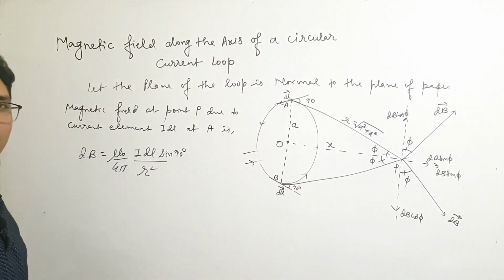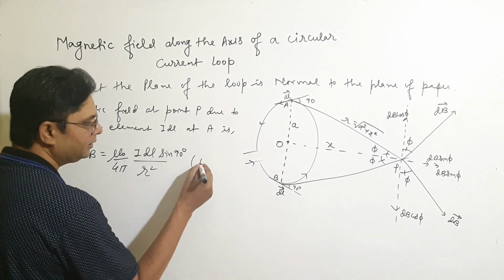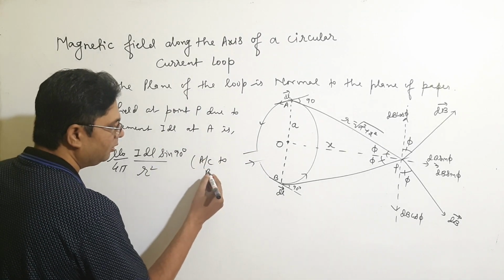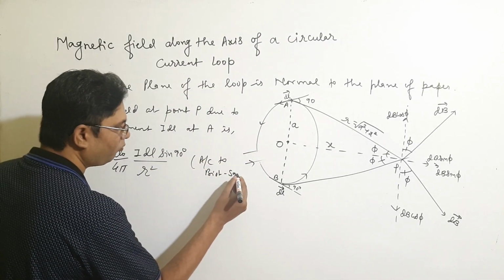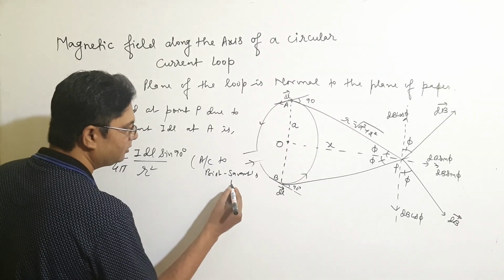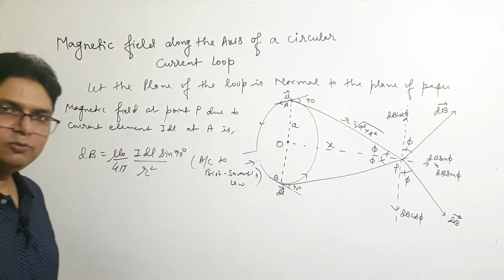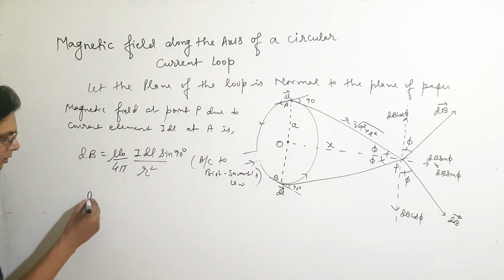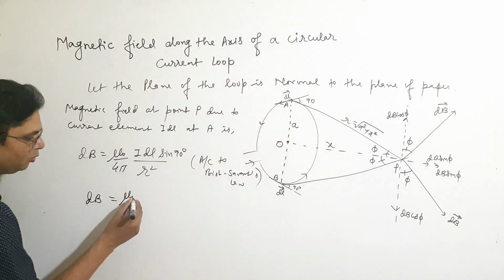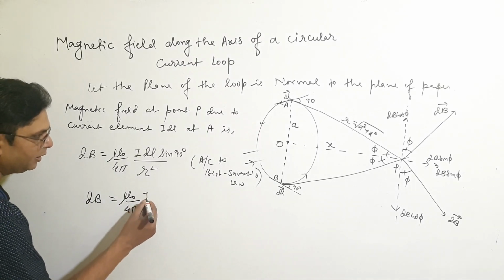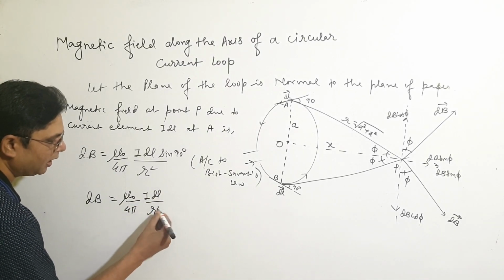This is according to Biot-Savart's law. Now sin 90 is 1, so you have dB equals mu naught upon 4 pi, I dl upon r square.